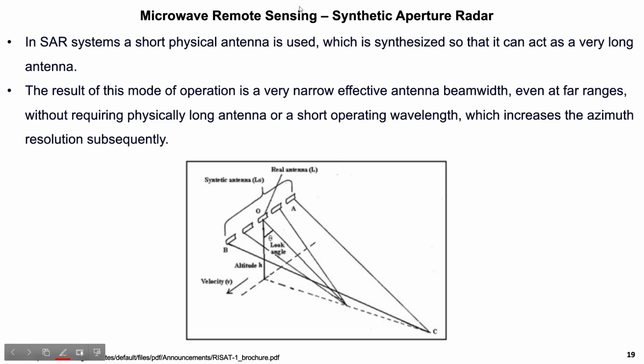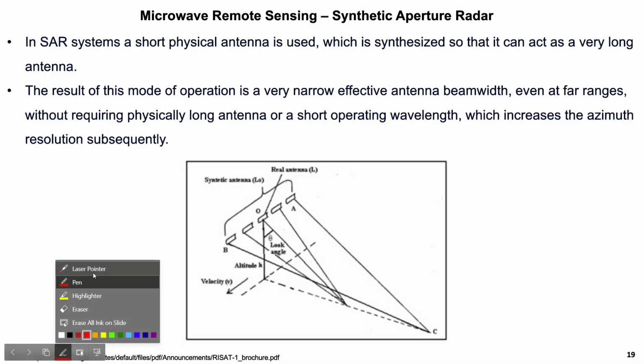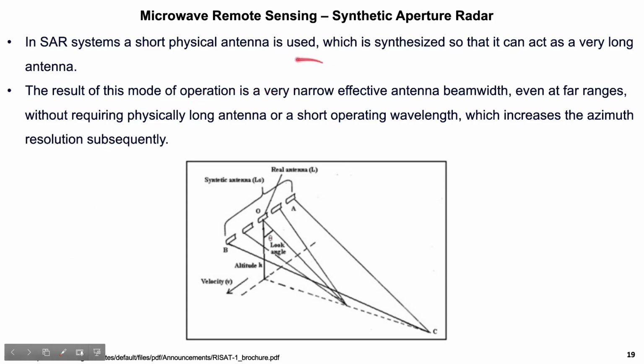Here is where the concept of synthetic aperture radar comes into the picture. We are virtually increasing the antenna length. We are not increasing it physically, we are virtually increasing it. How are we doing it? If our satellite passes from point A to B, and this is our target object, then when it passes from A to B, your sensor is going to look at the same object again and again.